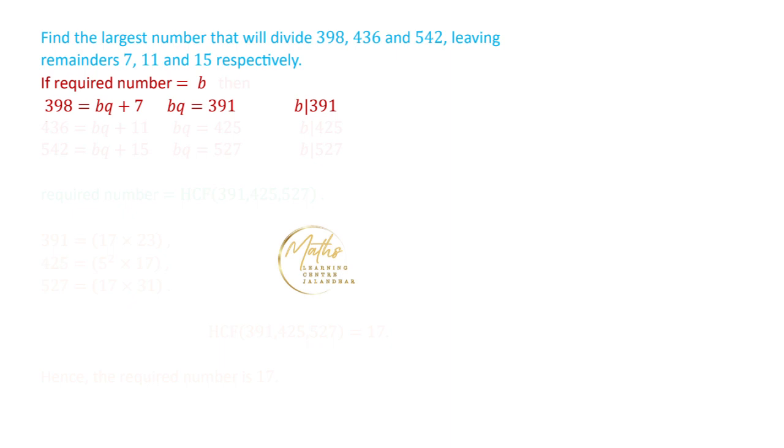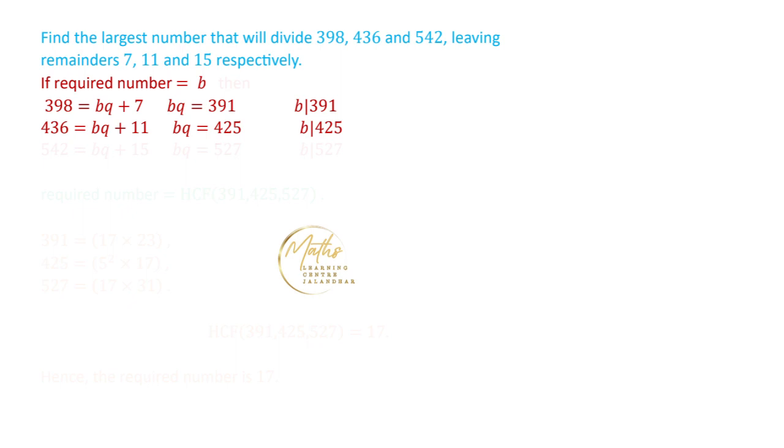Next we have the number 436. When this number is divided by b, we have some quotient q, and the remainder left is 11. So we get bq is equal to 425. It means b divides 425.